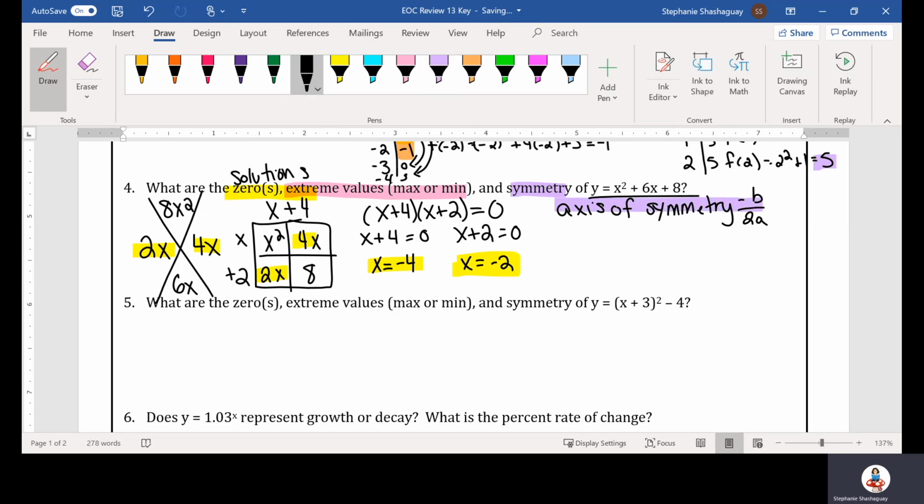So I'm going to have -6 divided by 2 times 1, which is going to be -3. So my axis of symmetry is x equals -3.